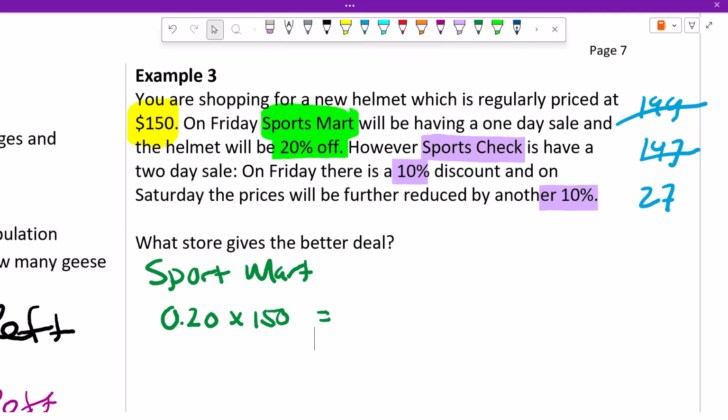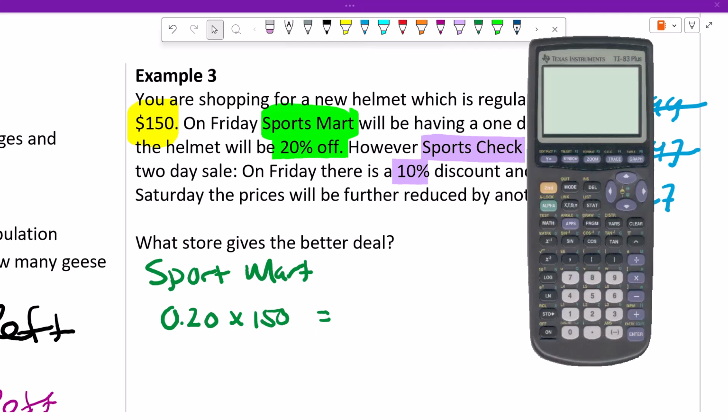2 times 15? You should be able to. What is it, Drake? 2 times 15 is 30, so 300. Not 300. Or wait, 30? It would be 30. So 0.2 times 150 is 30. Remember the other way, the mental calculation? 10% would be 15, so 20% would be double that, 30.